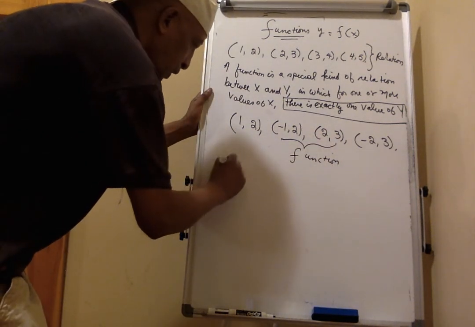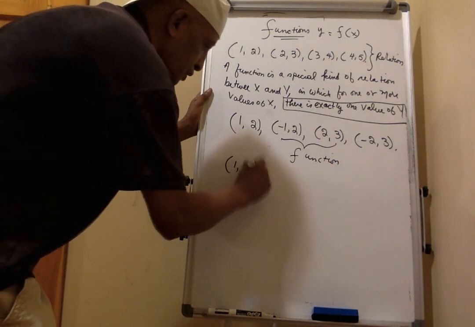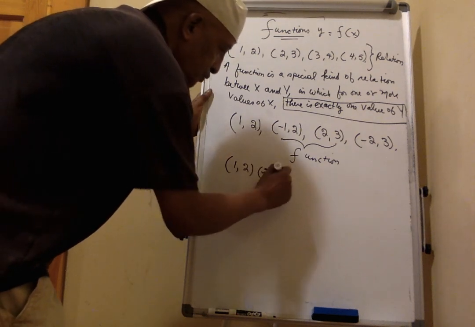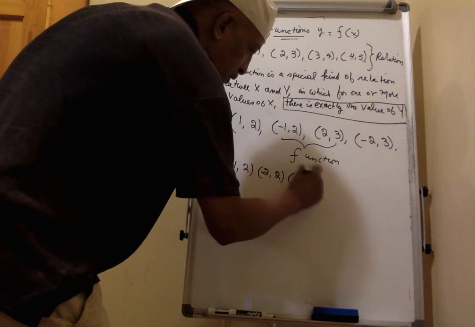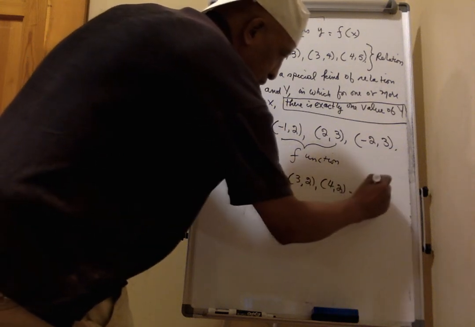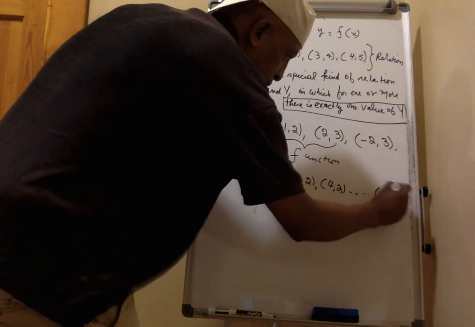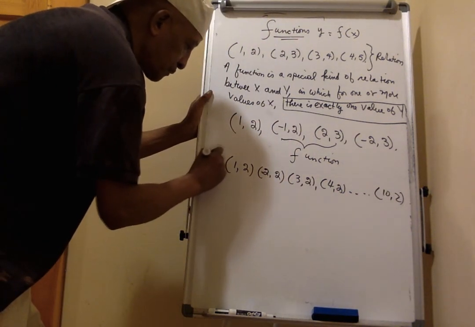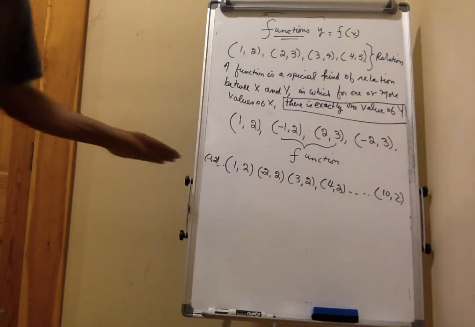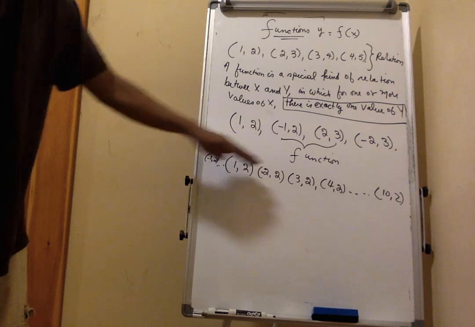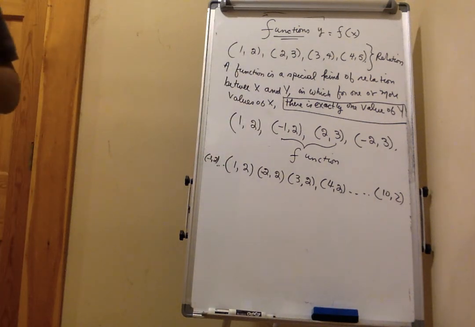I can go ahead, 1 and 2, 2 and 2, 3 and 2. In fact, you have probably infinite values of x, negative 1, 1, 2, 3, 4, up to even infinity.